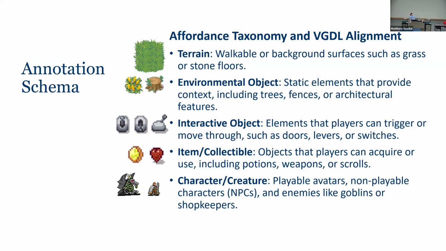Environmental objects include static scene elements like trees or walls. Interactive objects represent triggers and mechanisms such as doors or switches. Items and collectibles cover objects the player can pick up or use. And the characters or creatures include NPCs, monsters, and animals. This is designed for 32 by 32 tiles, where only certain affordances are perceivable.